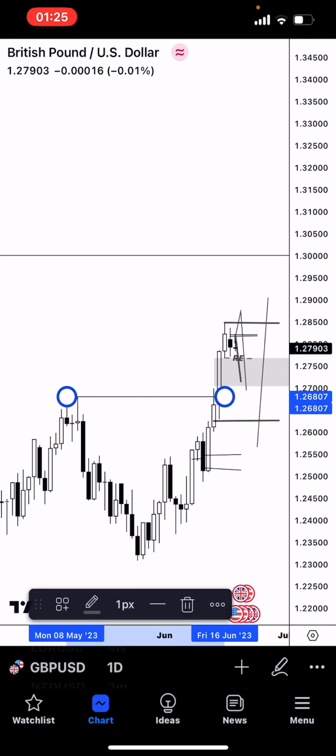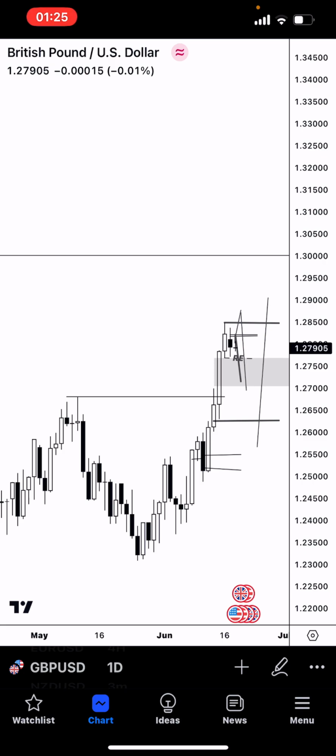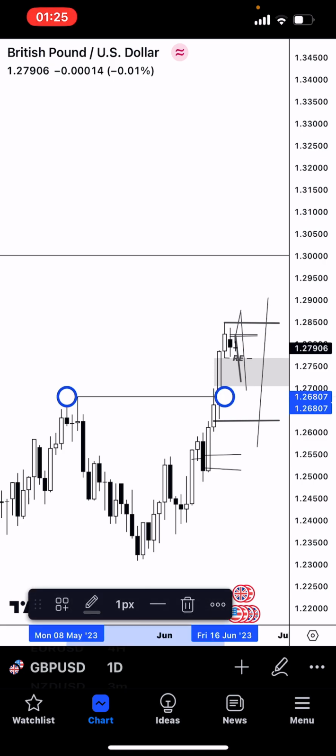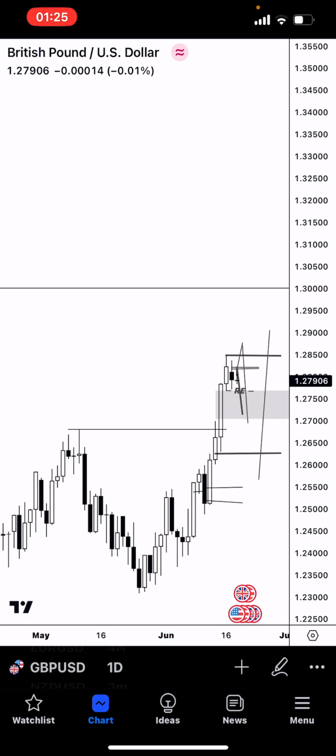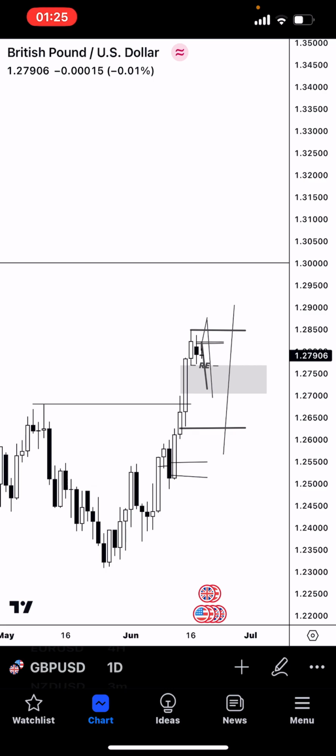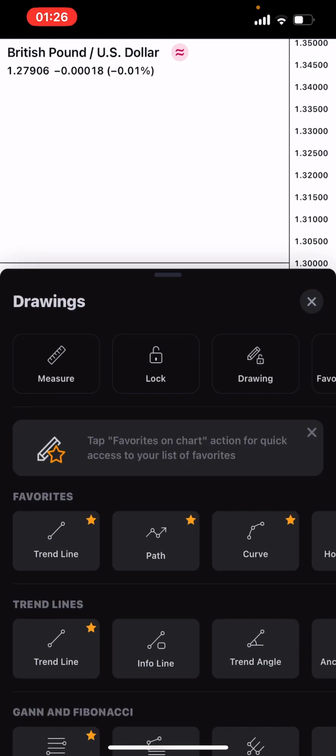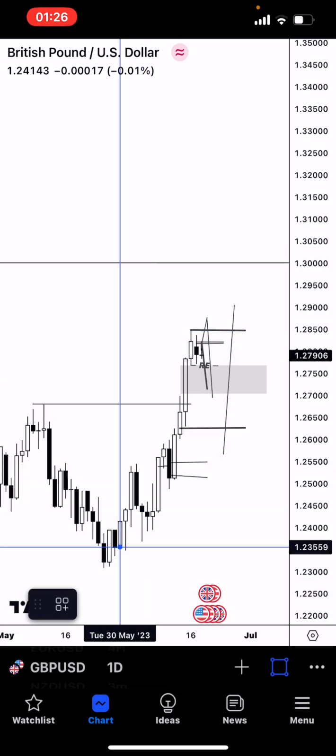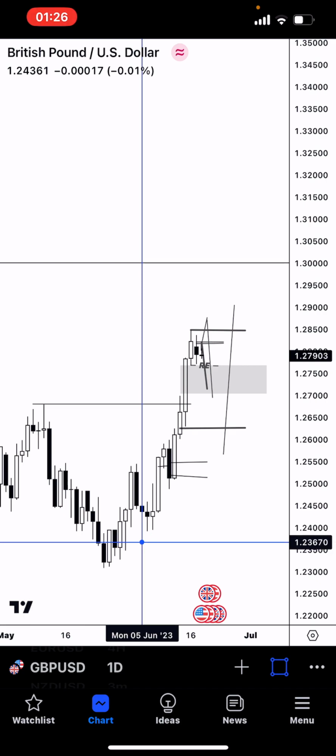The fact that we've broken above this high means something. It means we should not be buying above the high, because what the market does often is it breaks above highs and then comes back down, and then basically just balances this whole movement out. See this movement from, I think, this low to this high?